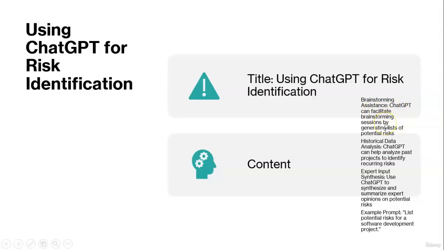ChatGPT can facilitate brainstorming sessions by generating lists of potential risks based on your project's specific case. For example, you might ask ChatGPT to list potential risks for a software development project, and it will generate a range of technical, operational, and financial risks to consider.